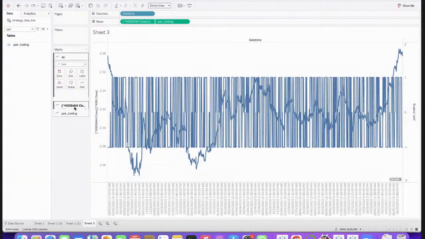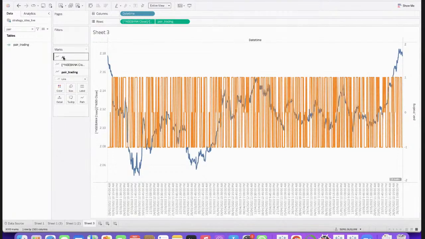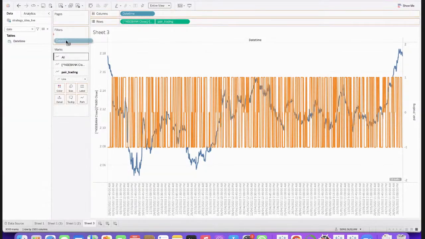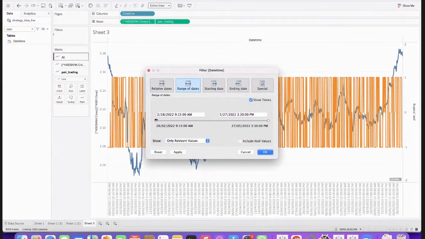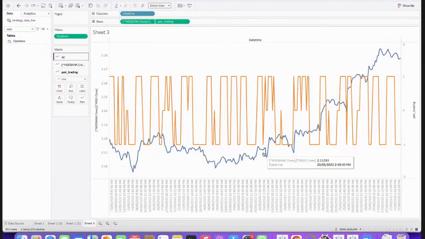What we will do, we will make first of all the signals in orange and the plot in blue, and after that we'll just shorten the time frame so that we can understand it better. I'm just taking 1 week of data as of now. The latest data. Does it look better now?